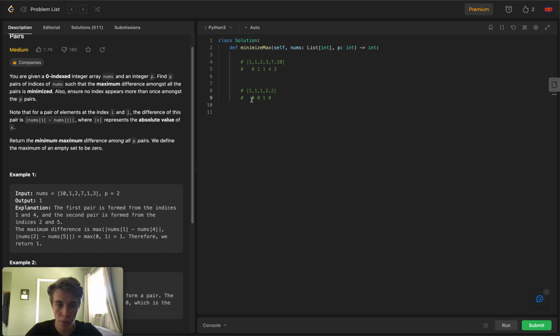So if I pick out the first pair, yes, I miss out on the next... Okay, no, this does not work because I can just pick out the first 2 1s and then the last 2 2s.